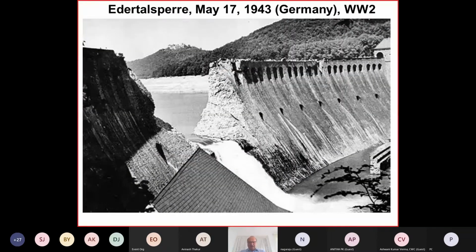Now we talk here about the effect of war. The British Air Force attacked some of the German dams, some masonry dams. As you can see here, there are some nice movies on the development of these special bombs which were used there, and you could see the explosion of this one bomb.